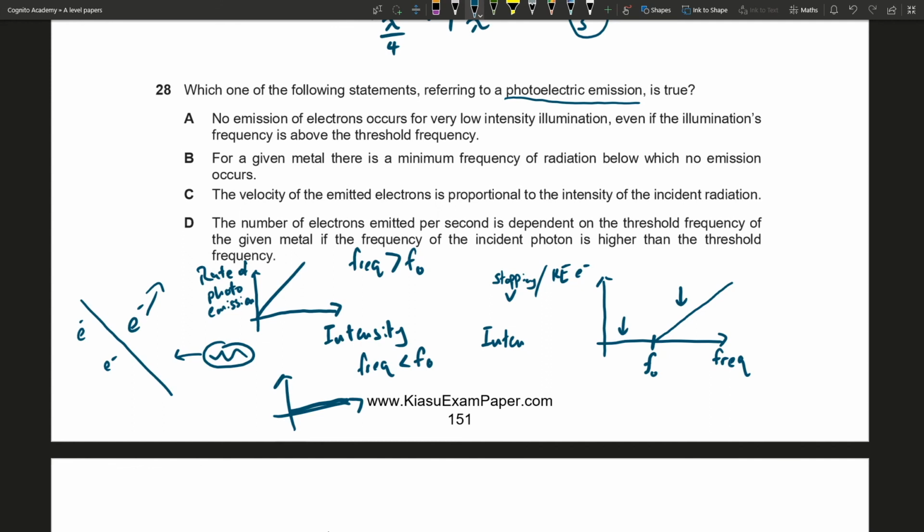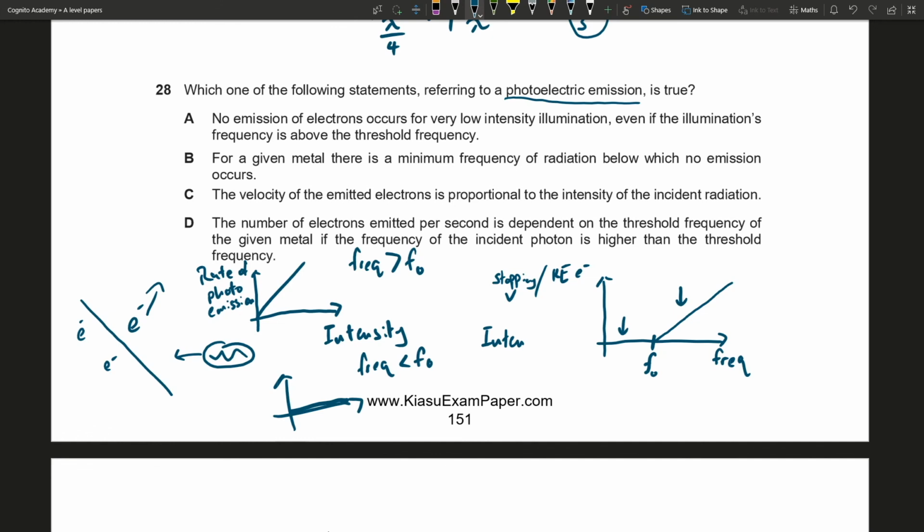But now that we have an understanding of what the photoelectric experiment is, let's try to answer the question. So the first option, A: no emission of electrons occurs for very low intensity illumination even if the illumination's frequency is above the threshold frequency. That is not true actually.